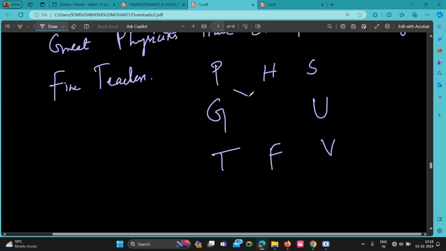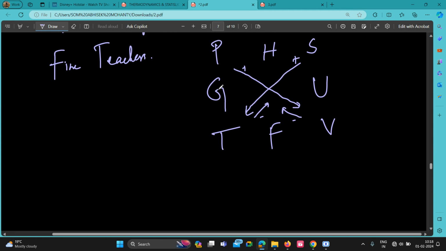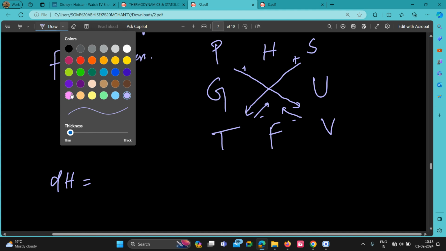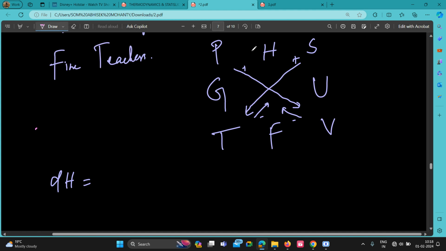So if I go from up to down, that will be positive. But if I go from down to up, that will be negative. Okay, what does it mean? How will I write it? Let's see. So this H, I will write as dH is equal to, and on the right and left sides I will just write dP and dS. Now P is going down, so positive: V dP.